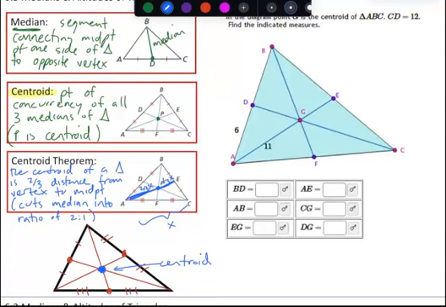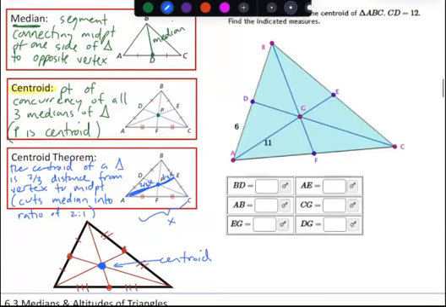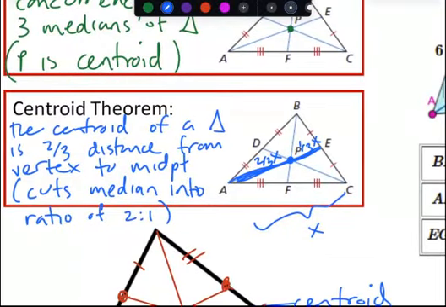That's if they gave you the whole median itself. So it's two-thirds from the vertex to the centroid, and then the remaining one-third to the midpoint. I'm going to zoom in on this as I write that. That's the information provided in that theorem.